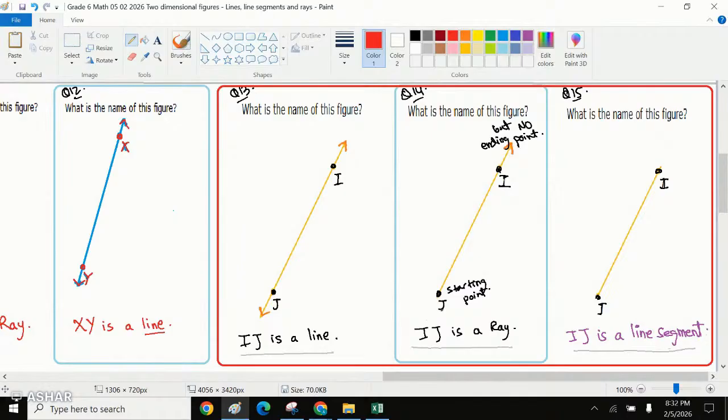Johan, I'm repeating it for you. If the line has no ending points, that means the line has arrows on both sides, we call it a line.